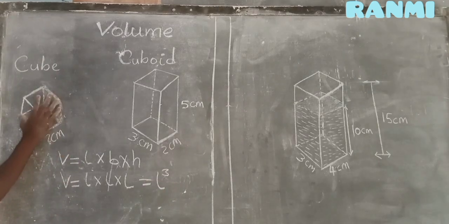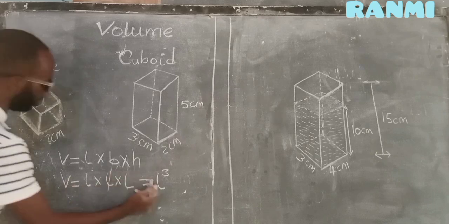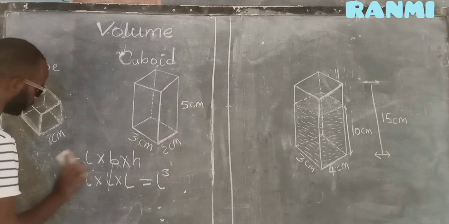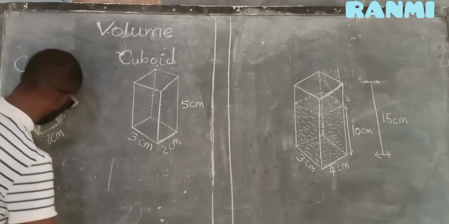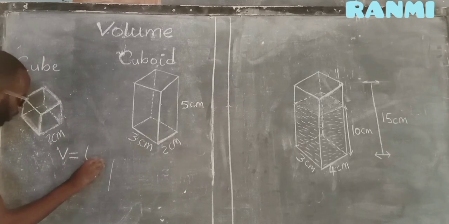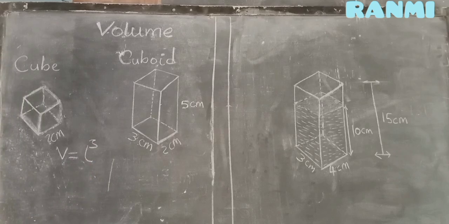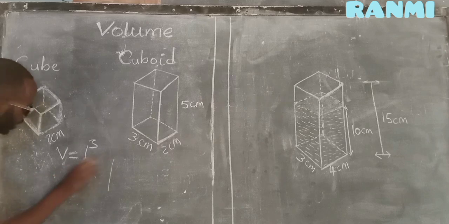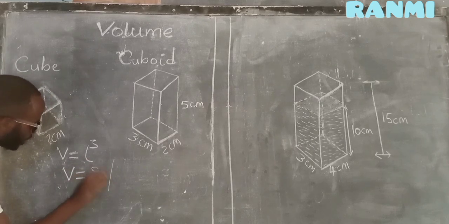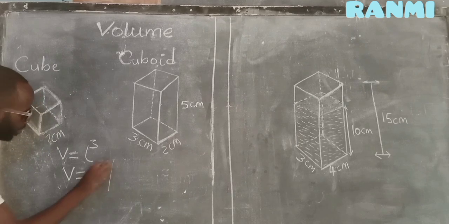So the volume of a cube is given by L to the power 3. Volume is equal to L to the power 3. But this can also be written using S for the sides. Volume is equal to S to the power 3.